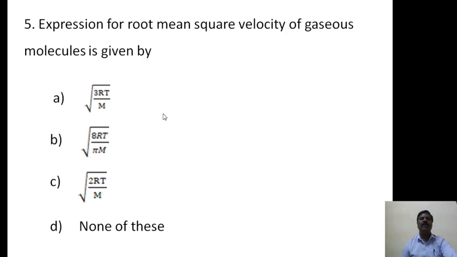You can choose the correct option. The A option is the right option for this question. Therefore, the square root of 3RT divided by m is the expression for root mean square velocity of molecules.